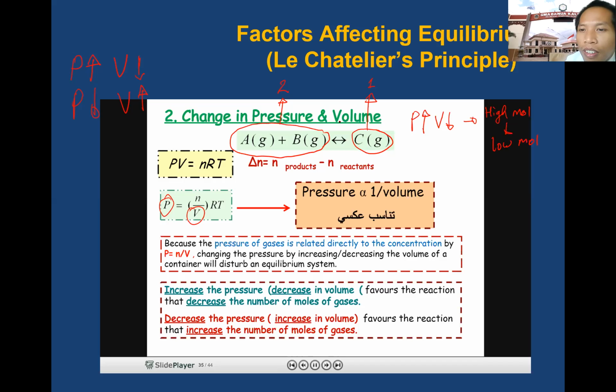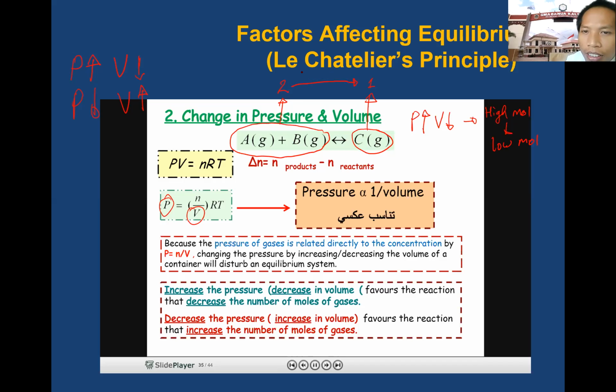So for this reaction, if I increase the pressure and decrease the volume, the reaction will shift to the left or to the right? From high mole to low mole, so it's going to the right like this.